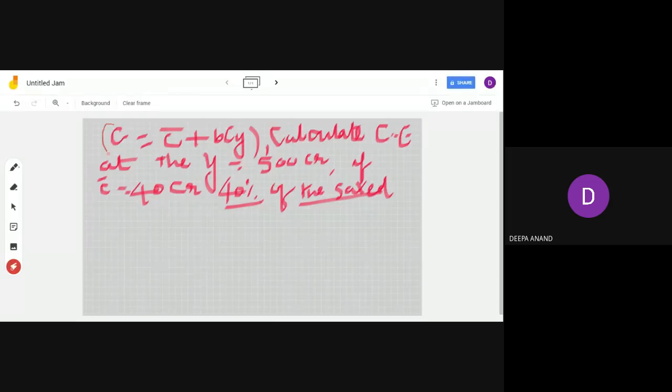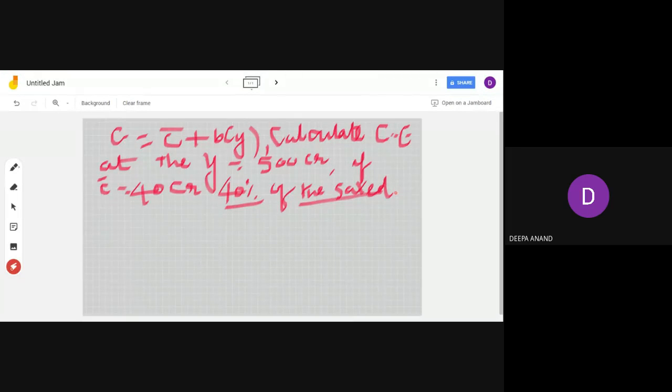Here the consumption expenditure you will get by this equation C bar plus B into Y. And autonomous consumption 40 crores is given. And it is given that 40% of the additional income is saved.